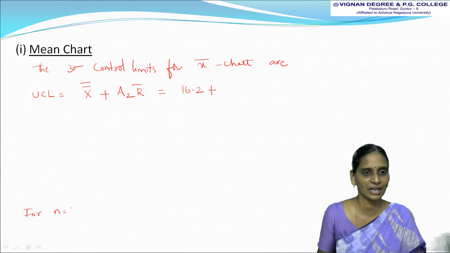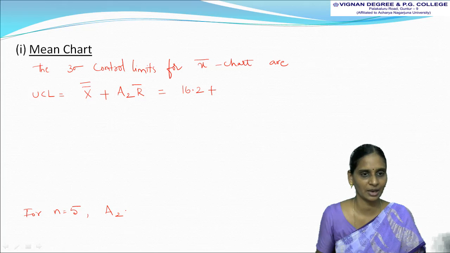The size of the sample in this problem is 5. For n is equal to 5, the value of A2 can be obtained by the statistical quality control tables. So the value of A2 from the statistical quality control tables is 0.577.